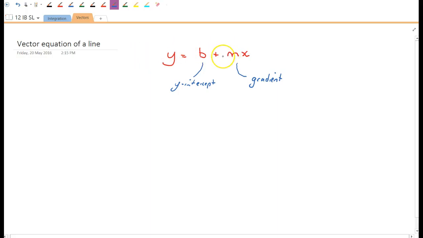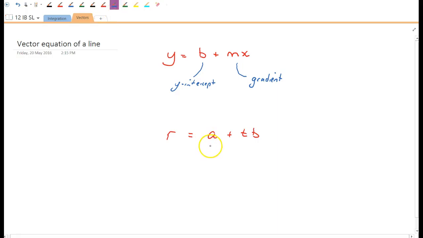For a straight line, we just need the gradient or direction and a point. For a vector, which comes in this form, r equals a plus tb, it's exactly the same.